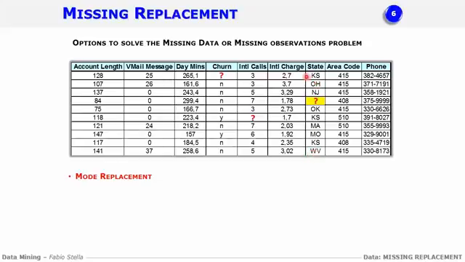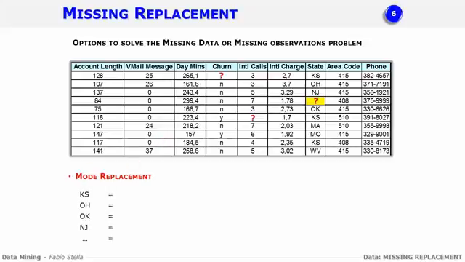We also focus our attention on the attribute state, which is a discrete one, and in particular it is a nominal attribute. We can see that the fourth record of this dataset is characterized by a missing value for the attribute state. So we proceed as follows.